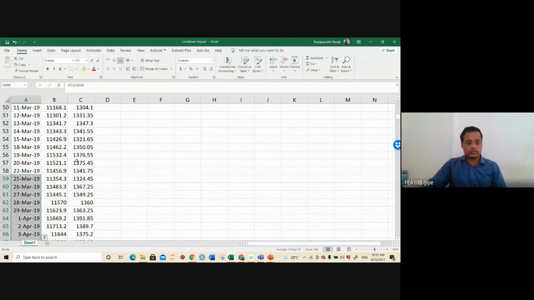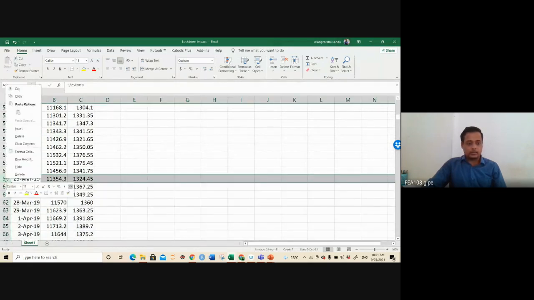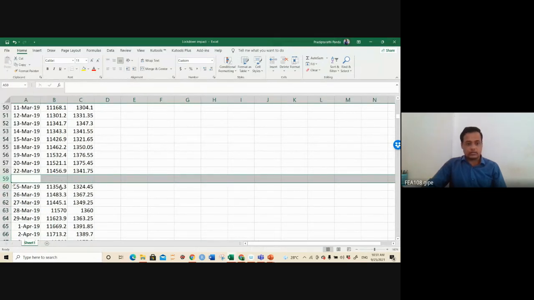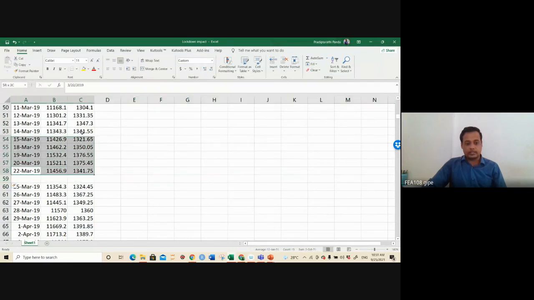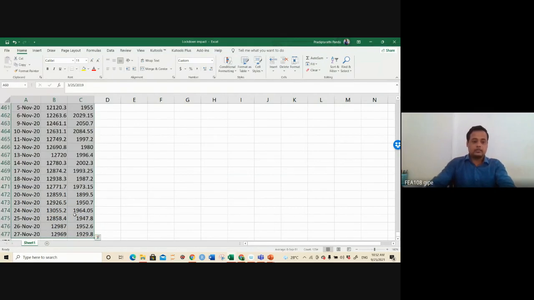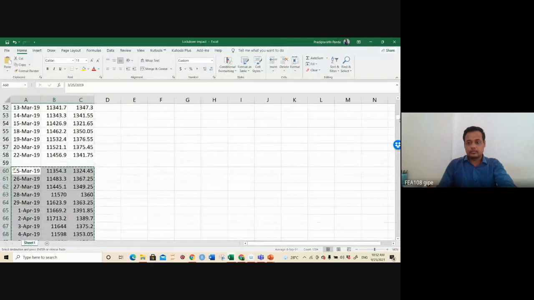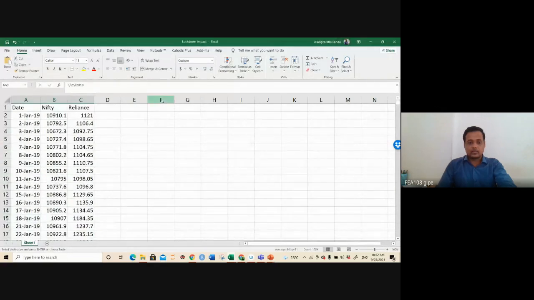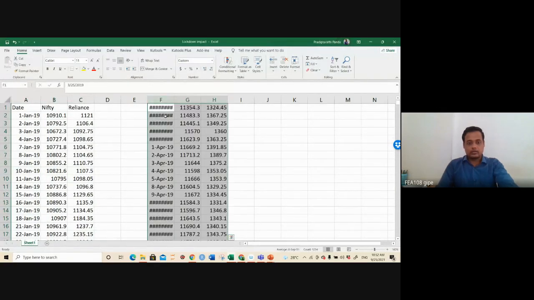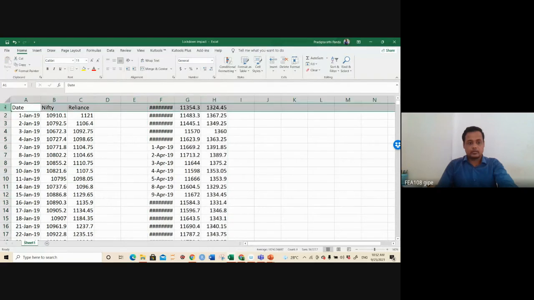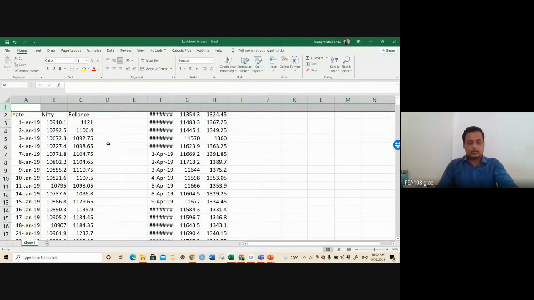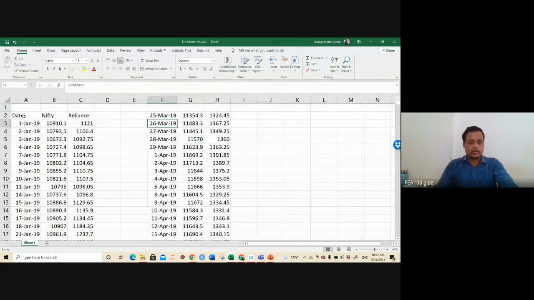Suppose here is 240, you can just insert one. You can also remove all the above data, or you can simply take this data into a different part. You can take into different columns. So whatever data we have got, we'll be placing here.